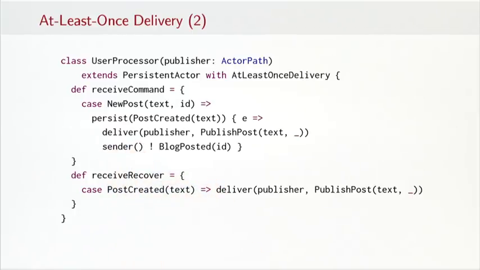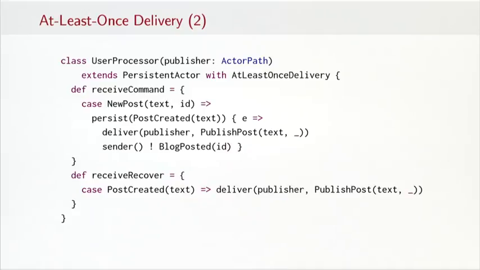Now, when a new post request comes in, we persist that we want this post to be created, and when that has been written to the journal and the event comes back, we tell the at least once delivery trait that we want to deliver a publish post command containing the text to a certain publisher.